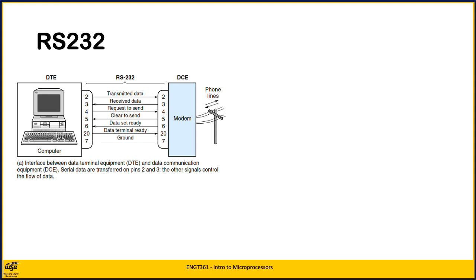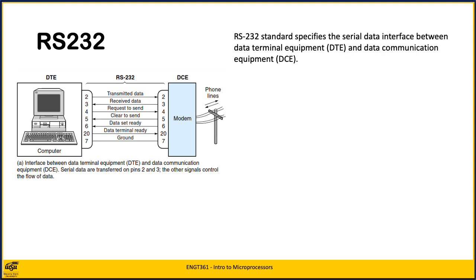In order to make the serial interface practical, a set of specifications called the RS-232 standard was established. Officially, the RS-232 standard specifies the serial data interface between data terminal equipment, DTE, and data communication equipment, DCE.